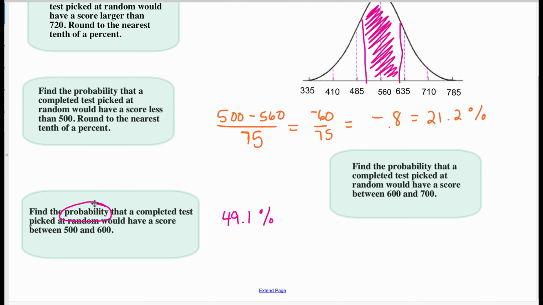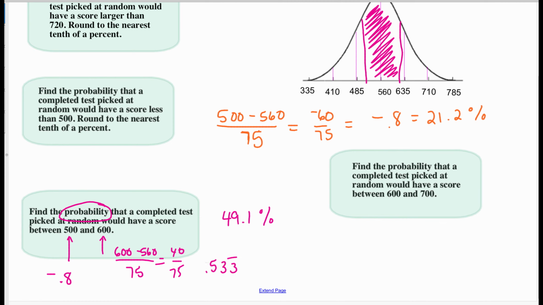Once again, if I had done this using z-scores, we just found out from the one above that the z-score that relates to 500 is negative 0.8. If I wanted to find the z-score that relates to 600, I have to say, okay, 600 minus 560 divided by 75 is 40 over 75, which gets me 0.533 repeating.